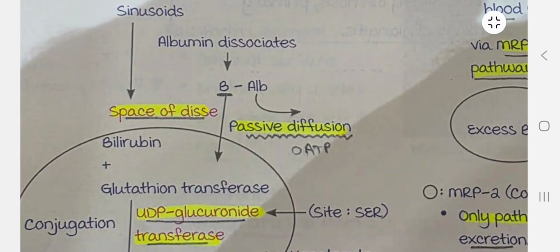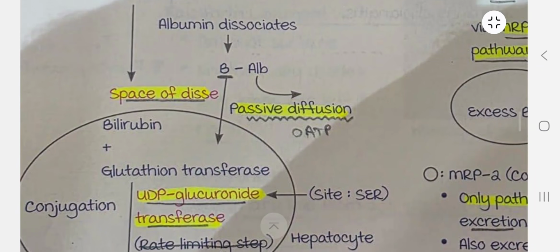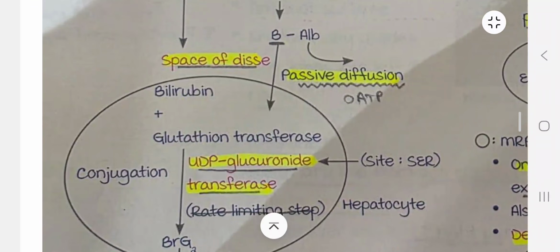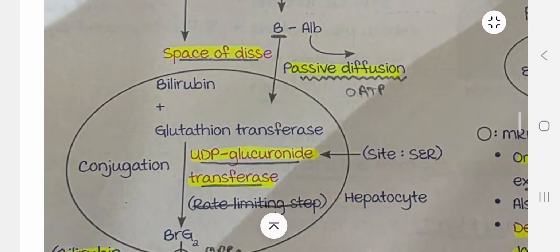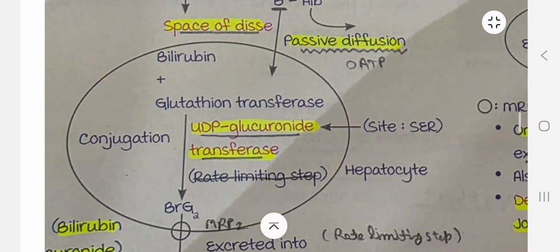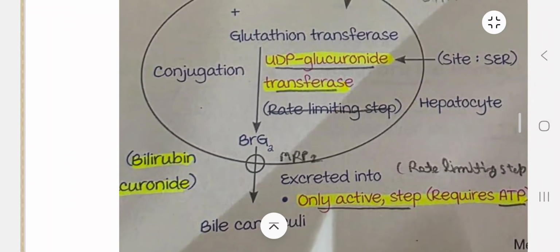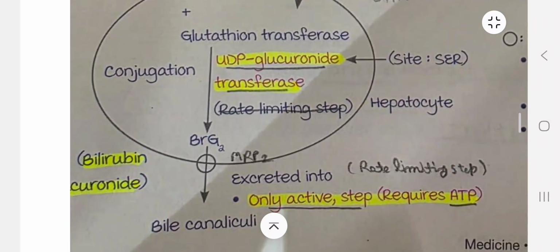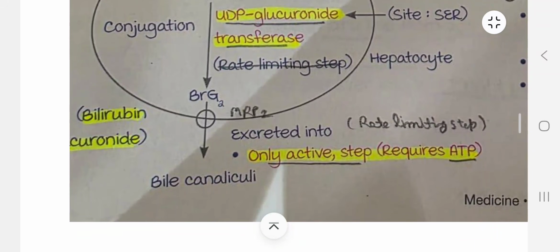Some say it is by OATP, but in the majority of books it is written as passive diffusion. When bilirubin-albumin splits, albumin returns back to the blood and bilirubin enters the hepatocyte. Bilirubin undergoes a major transformation in the hepatocyte by the enzyme known as UDP glucuronyl transferase, in which glucuronide groups combine with the bilirubin to form bilirubin glucuronide, which is excreted into the bile canaliculi.